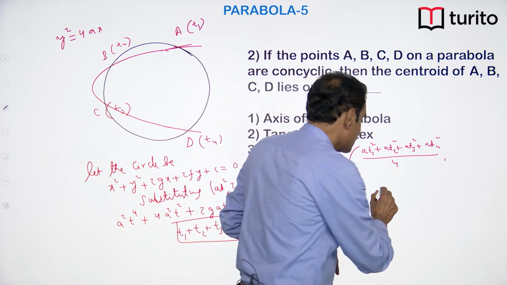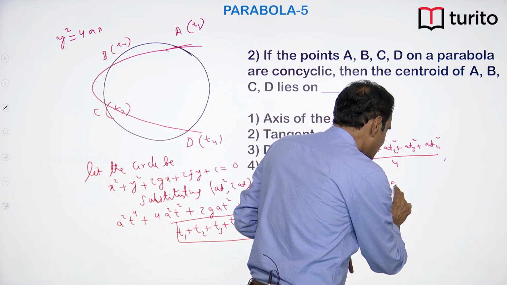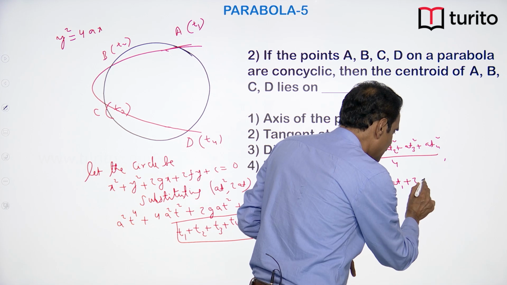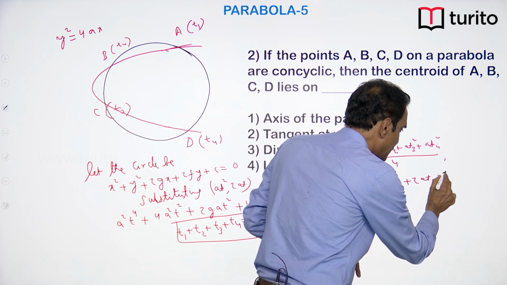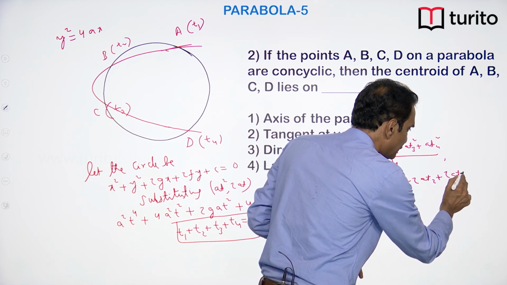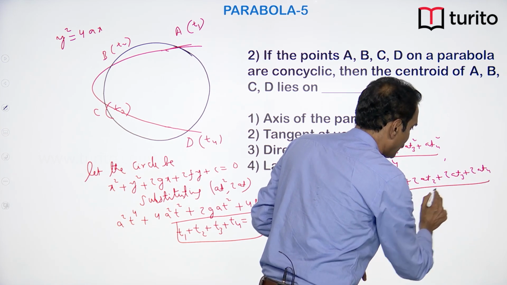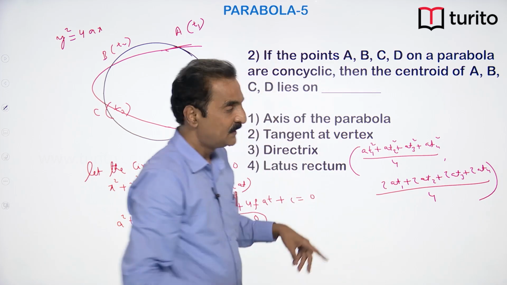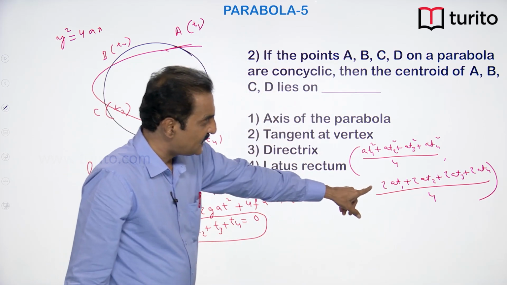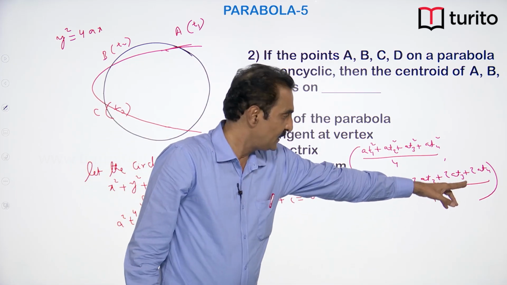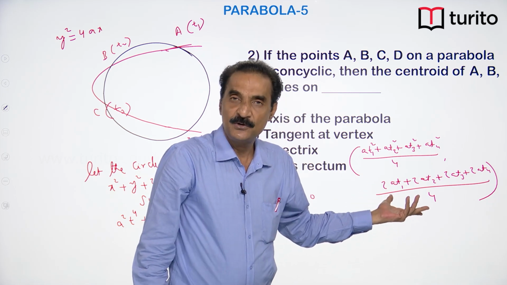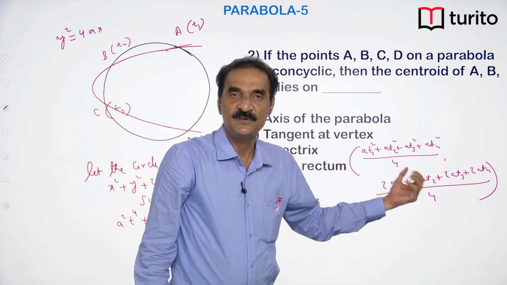Y coordinate is 2a t1 plus 2a t2 plus 2a t3 plus 2a t4 by 4. This is y coordinate. You can directly observe that y coordinate will be 0. If you take 2a common, 2a into t1 plus t2 plus t3 plus t4 is 0.